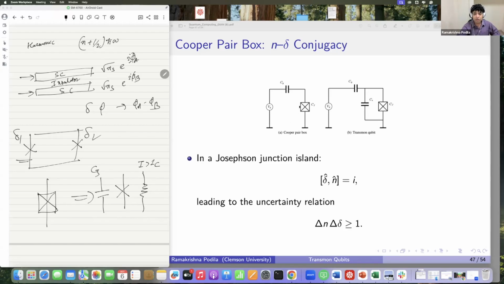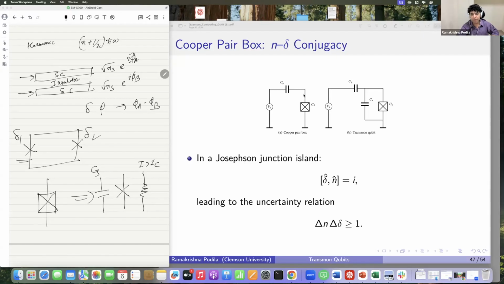So this is called the simple Cooper pair box. What you are actually doing here is you have a gate capacitance and a gate voltage. By tuning the gate voltage, you can make the relative phase, the delta, change. And that's how we can set the qubit from 0 to 1.